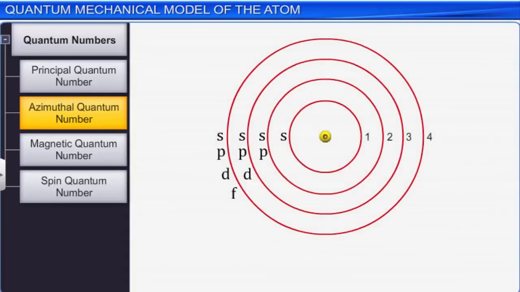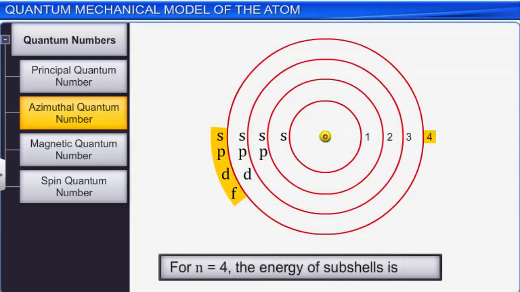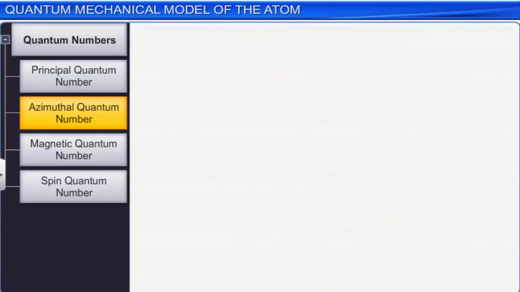The S subshell has the lowest energy, and the energies of the subshells within the same principal shell follow the order S less than P less than D less than F.